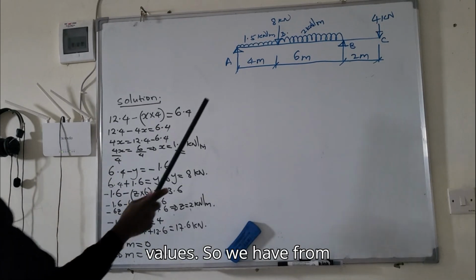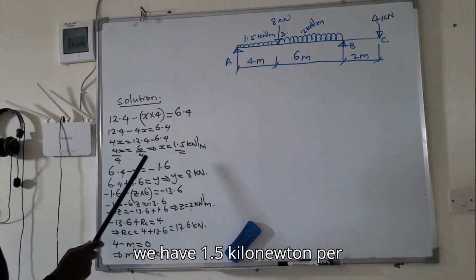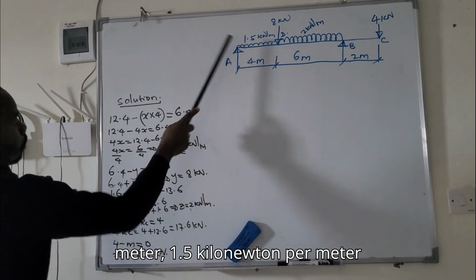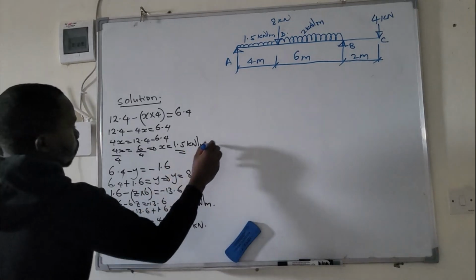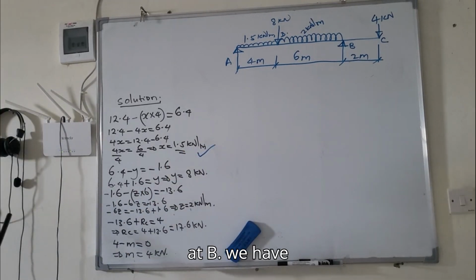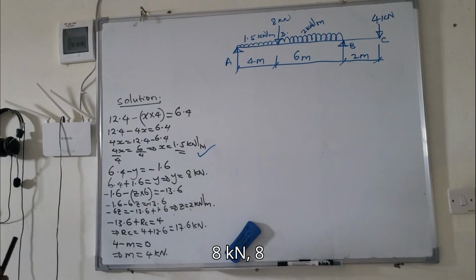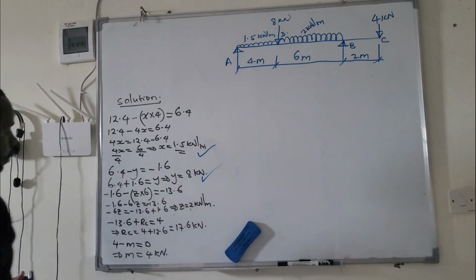From A to B we have 1.5 kilonewton per meter. And then at B we have 8 kilonewton there.